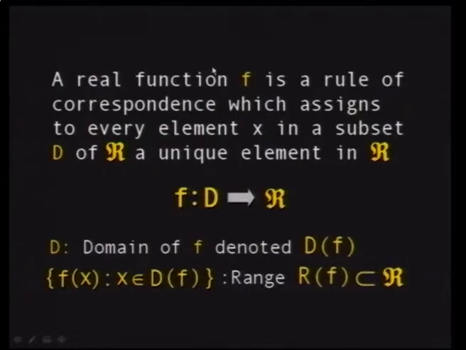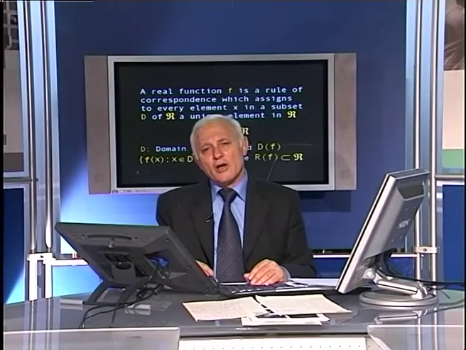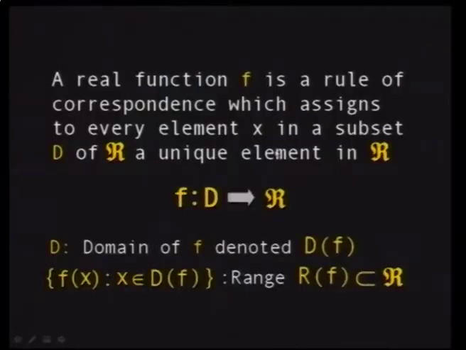So a real function f is a rule of correspondence which assigns to every element x in a subset D of R. We shall take the domain D as part of a greater set R, and it maps D into a unique element. And this, as we said in our last lesson, has to be a unique element in the image set in the codomain. So you have a unique element in R, since we are dealing with real variables only.